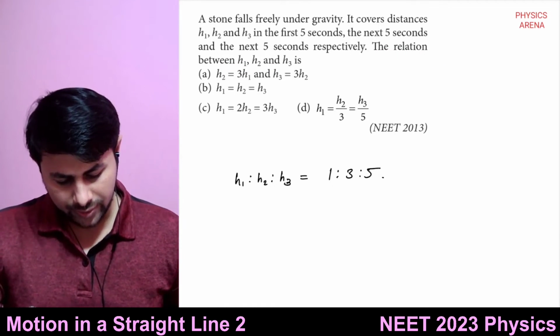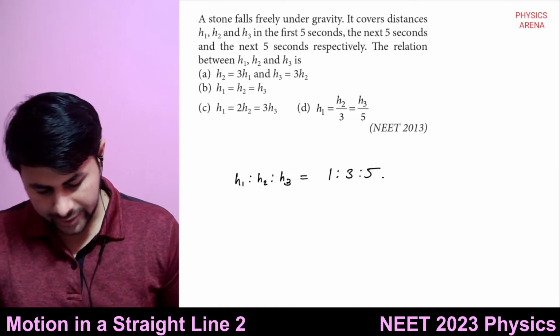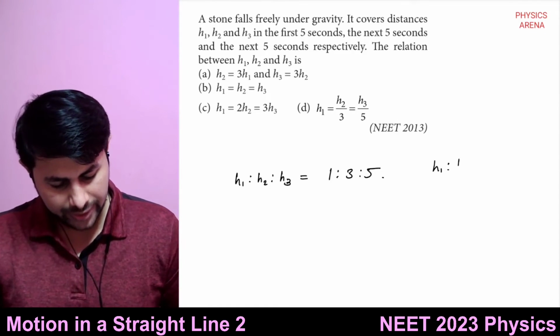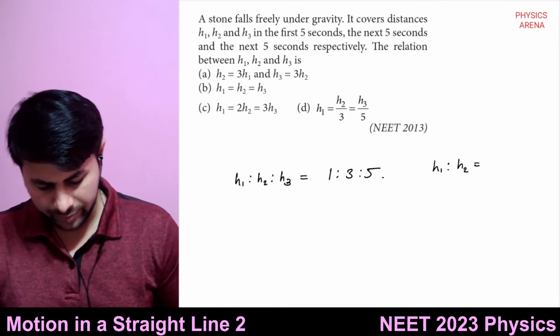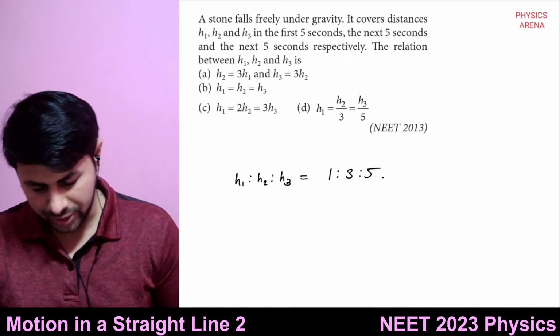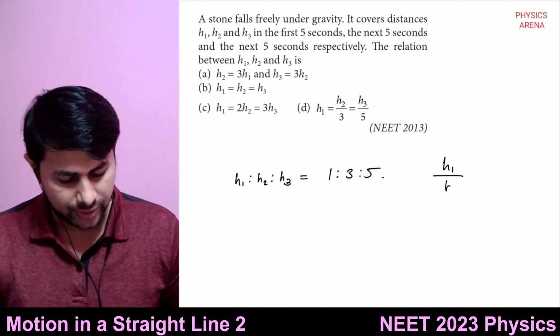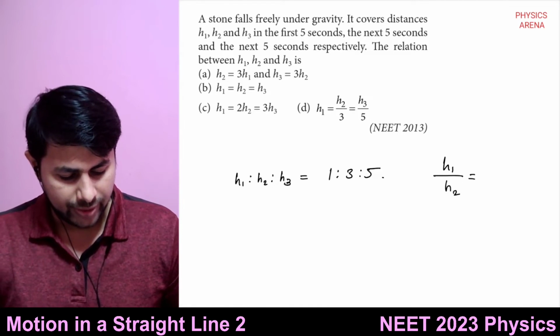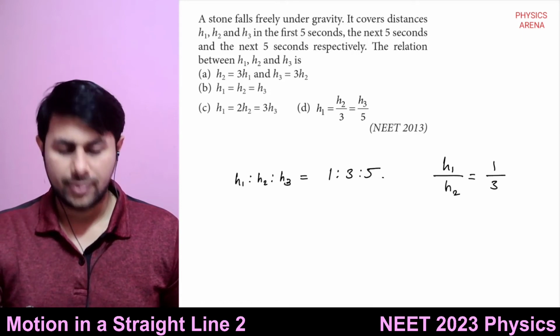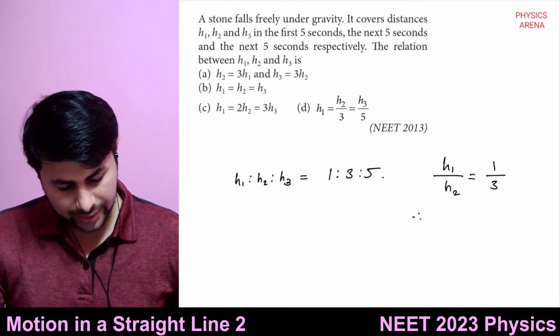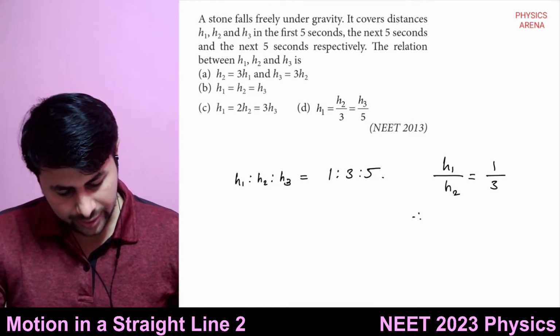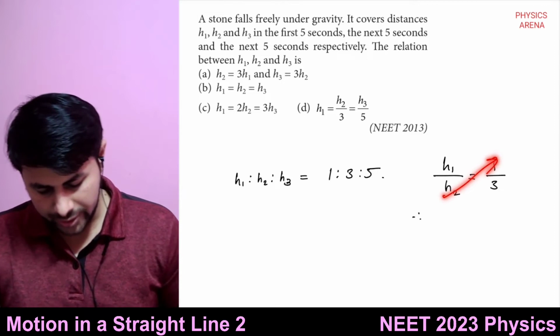So now I can write, see, h1 is to h2 equals what? Or I can write this as a ratio, by ratio I mean quotient. So h1 divided by h2 will be equal to 1 upon 3, and therefore I can take this h2 on the other side.